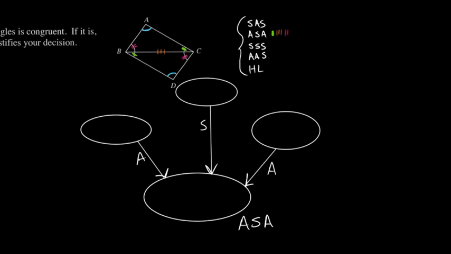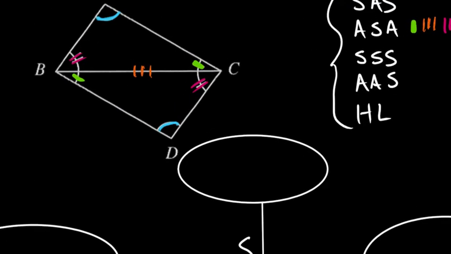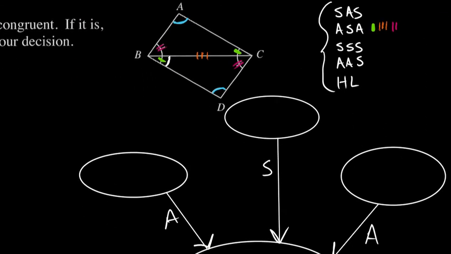The first pair of angles I'm going to list, I can't just call it angle B and C because those are bad names. So we'll do the ones with the green tick marks. The first one I'm going to say is angle DBC. So I'm talking about this angle right here. I'm going to write angle DBC is congruent to angle ACB.